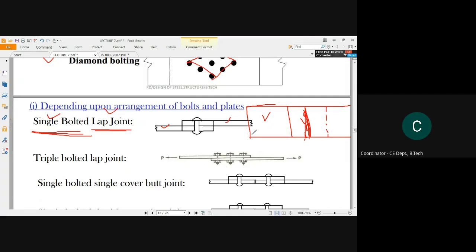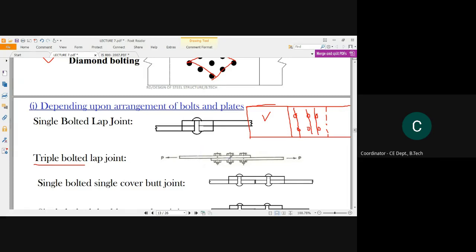This is the same plate overlapped, but if the bolts are situated in this way, this is 1, 2, 3. So this is a triple bolted lap joint.